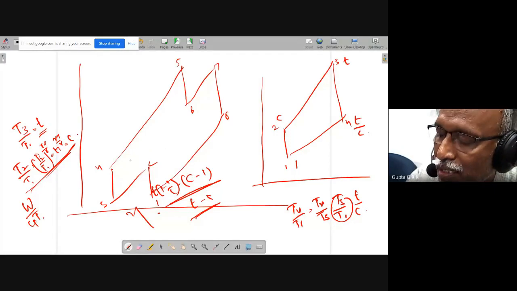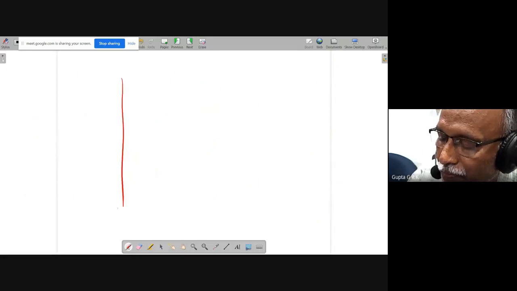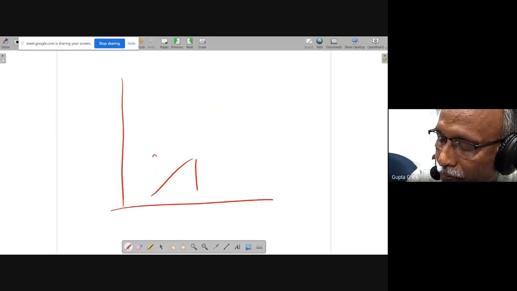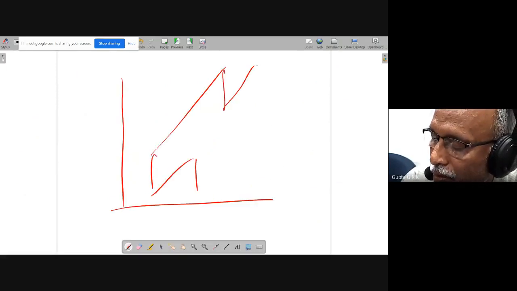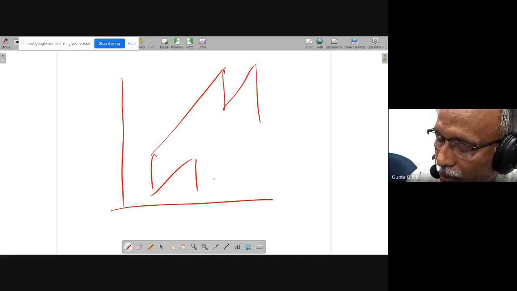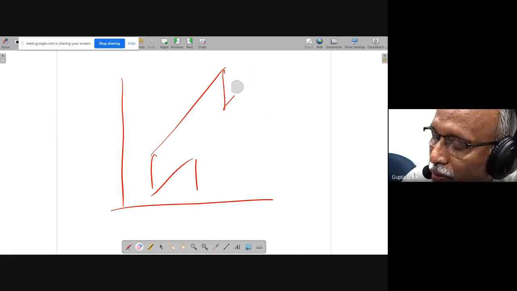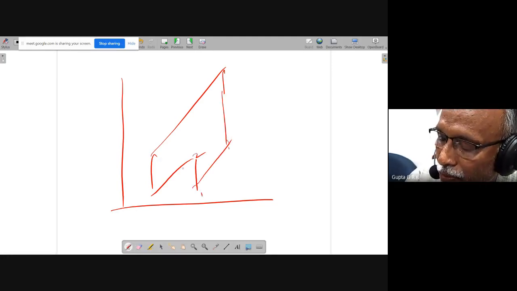Suppose I take another case. Suppose I have only intercooler. So this is again 1, 2, 3, 4, 5, 6.